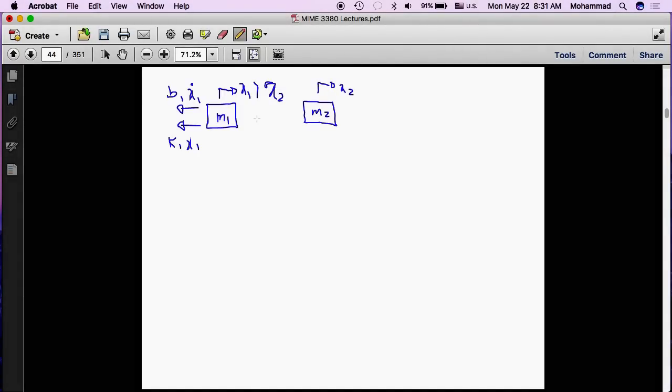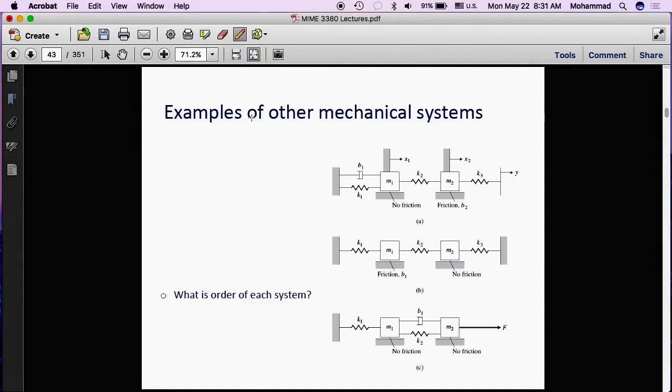So let's look at the other forces. There is this middle spring, and we assume that x1 is going to be larger than x2, which means what? What would be the status of the spring if x1 is larger than x2? And what would be the direction of the force on mass 1?